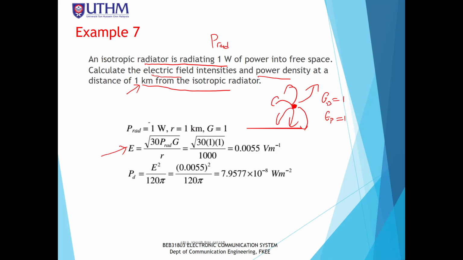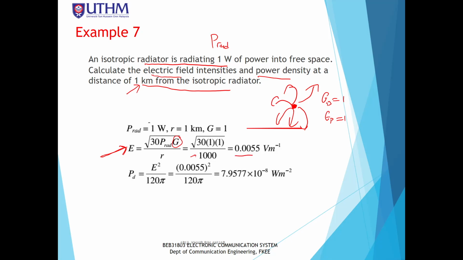Therefore, E field is equal to the square root of 30 times P times G, divided by R. So 30 times P radiation multiplied with G. It doesn't matter for G, because G is equal to 1 for an isotropic radiator. So the square root of 30 times 1 times 1, divided by the distance 1000 meter.